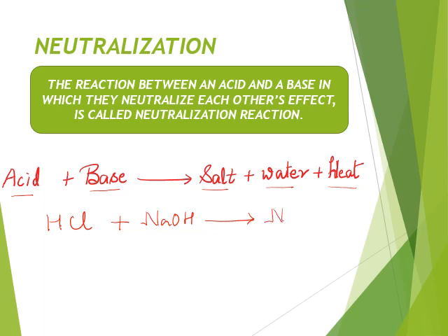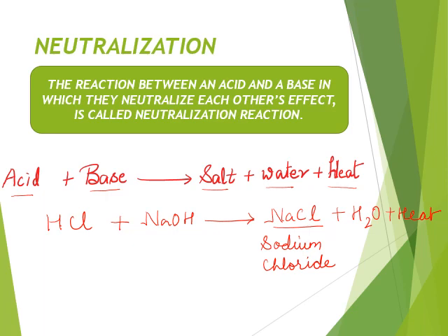So the product of the reaction between HCl and NaOH is NaCl, which is sodium chloride. And this sodium chloride is a salt. With this sodium chloride, water will be formed along with the evolution of heat.